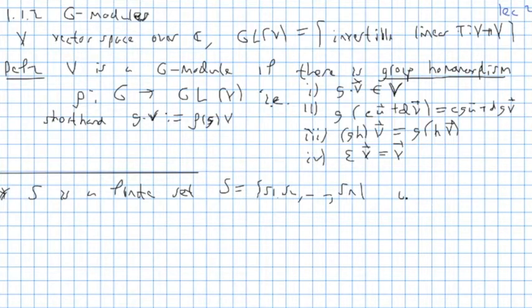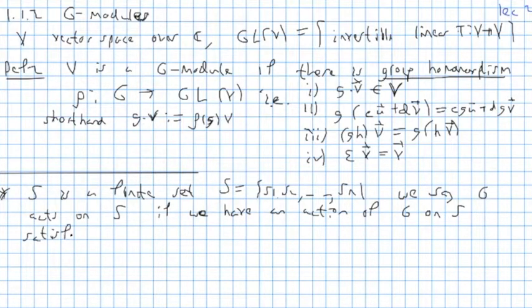We say that G acts on S if we have an action of G on S satisfying the first property we see here, the third, and the fourth property.